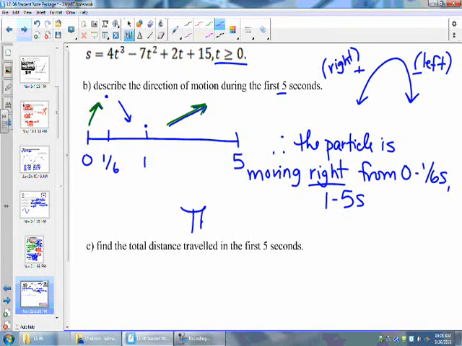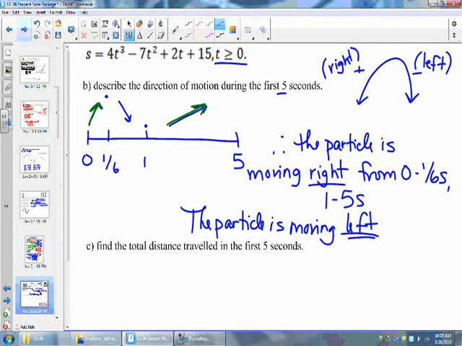We can say the particle is moving left, and that would be obviously down. So we're looking from here to here, from 1 over 6 to 1 second. Okay, so we're just kind of using logic for that one.